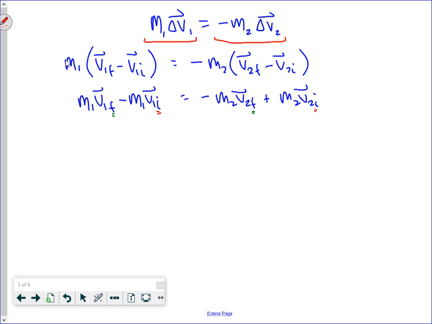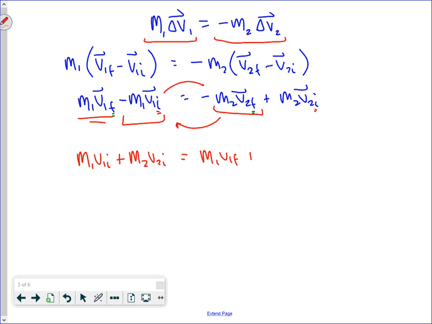So I'm going to put all the initials on one side: m1 v1 initial and m2 v2 initial. And then if I move this guy over here, we're adding the finals, and then we get m1 v1 final plus m2 v2 final.